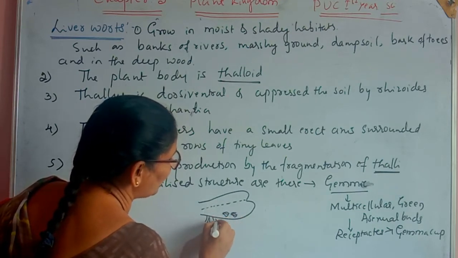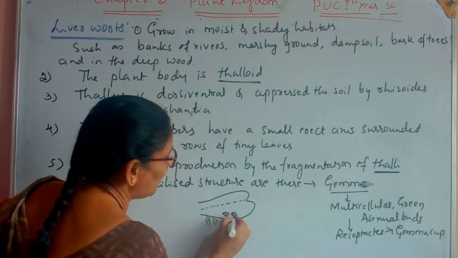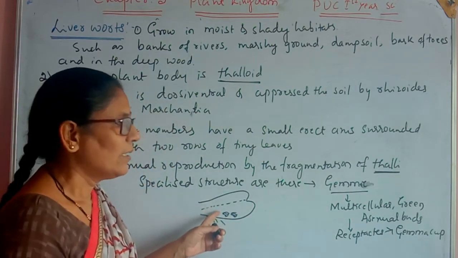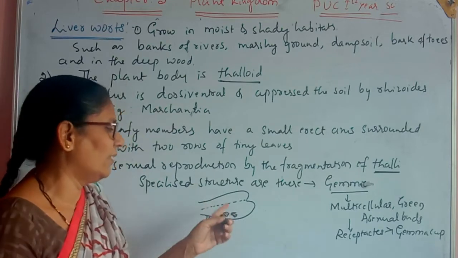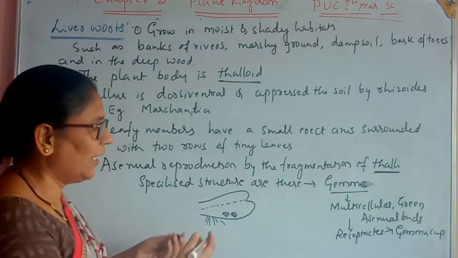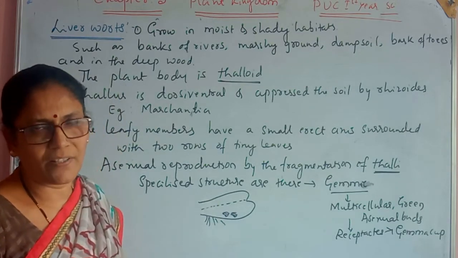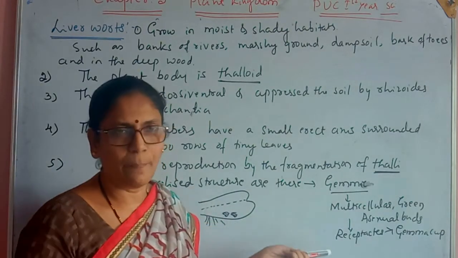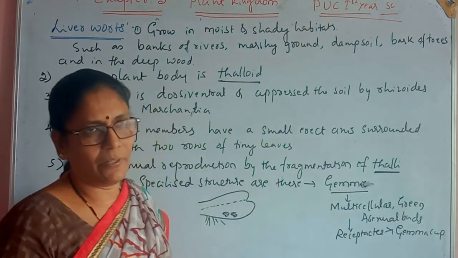These are the rhizoids. Within this cup-like structure, there are asexual buds, which are called the gemmae. Whenever these gemmae detach from the main thallus, they develop into a new thallus. In this way, they help in the asexual reproduction of the liverworts.